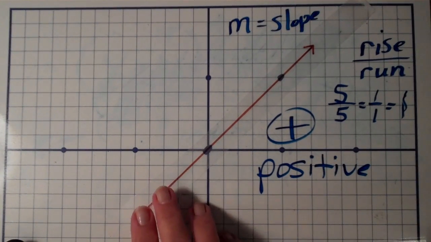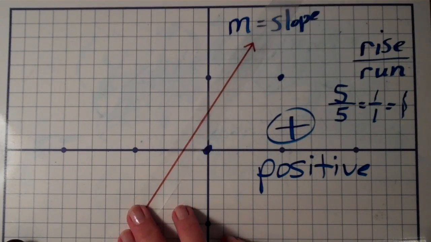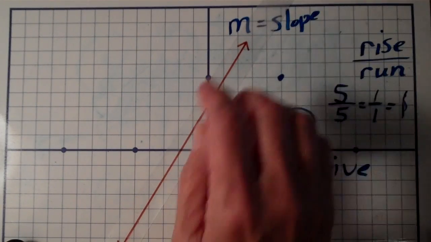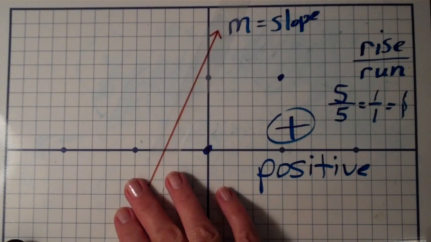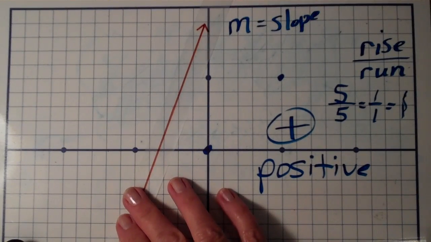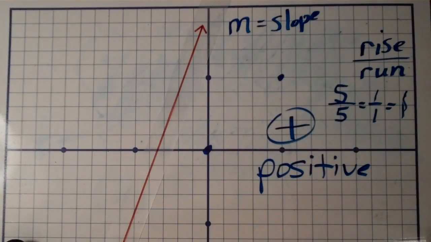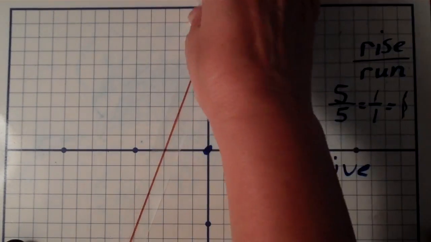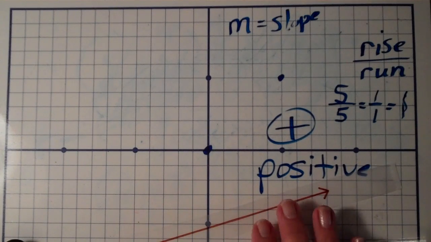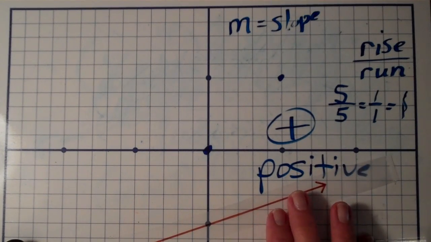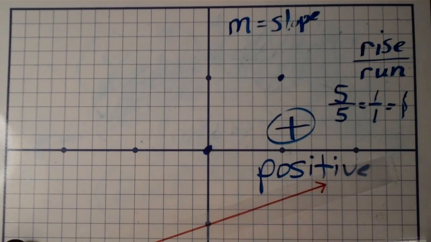Another positive slope: if I change this line, this would be a positive slope. It doesn't matter what quadrant it's in, it's still positive. If I found the slope of this line, it's rising, so it's positive.